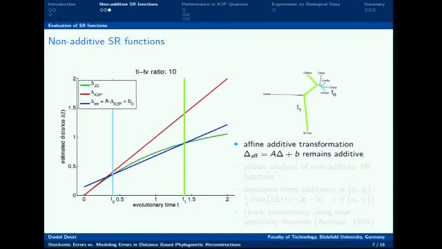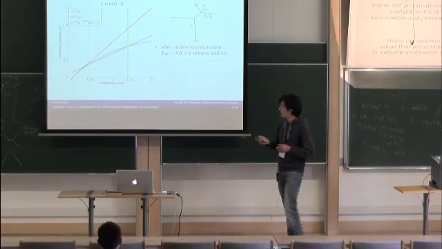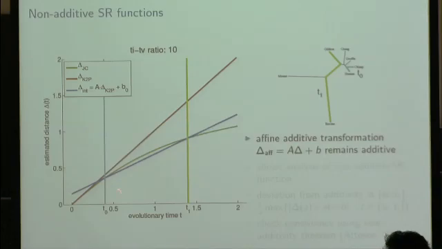And the third factor is that if we look at the linear interpolation of our non-additive distance function with the Jukes-Cantor distance in this interval, we see that it's a quite good approximation of the distance in this interval.